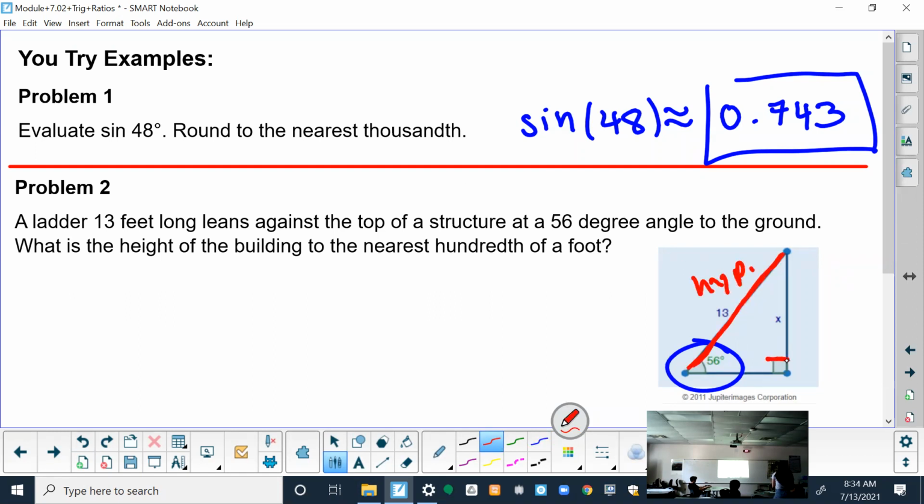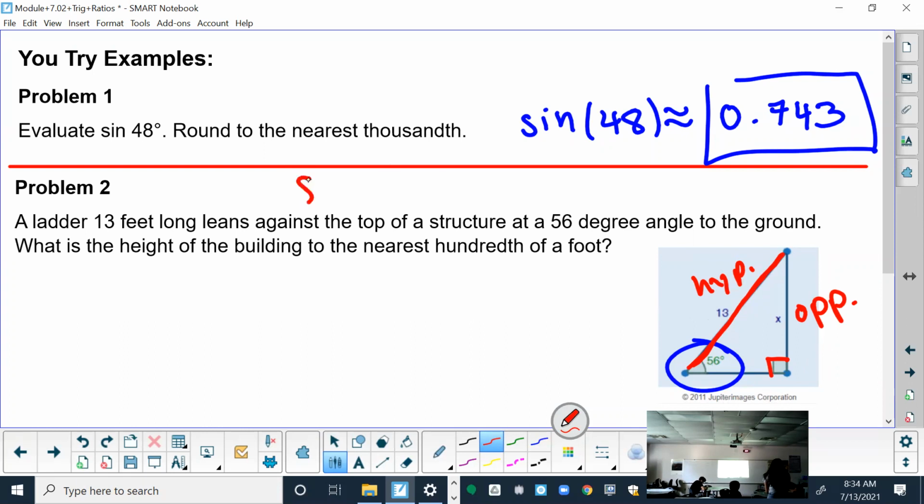Across from the 90-degree angle will always be your hypotenuse. It doesn't give us a value for adjacent, but it gives us x for the opposite side. This is the side that's directly opposite the 56-degree angle. Questions on how and why we labeled it like this?